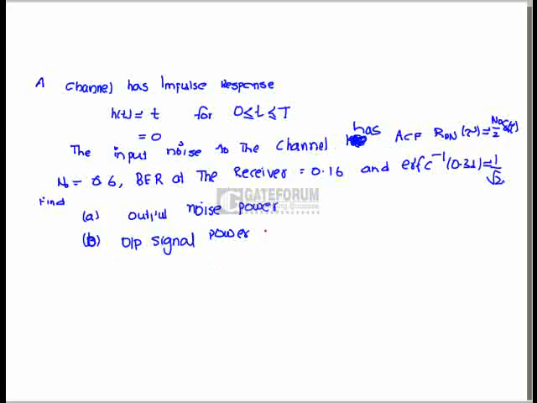Here we have to find the output noise power available at the channel output. Here h of t is the impulse response of the channel and Rn of tau is the input autocorrelation function. N naught is the two-sided PSD, which equals 0.6.